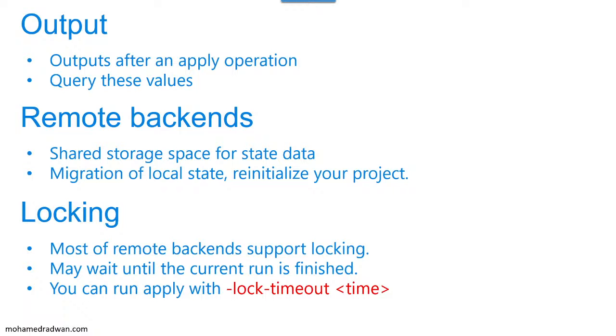And since you are now running with multiple users and you share your state on a shared resource or shared storage, then it must be locked. Most backends are auto locking, and it will unlock after it finishes the execution. You can also run apply with -lock-timeout if you want to execute the command after a specific time. This is also very important.